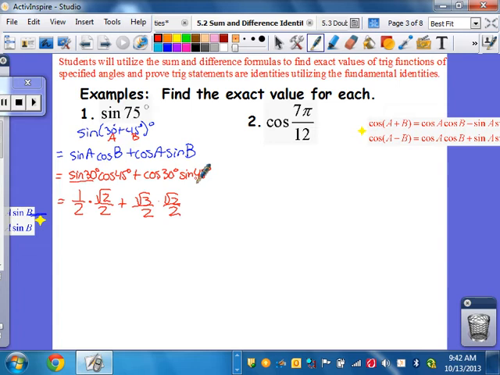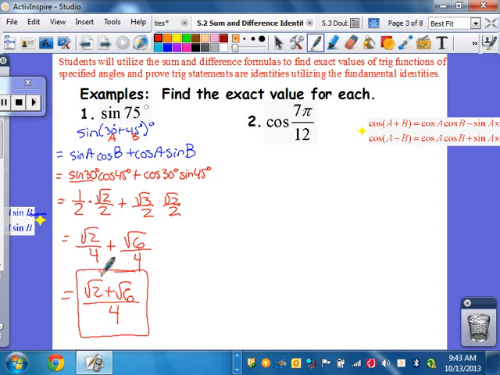Now you multiply this stuff together. I now have root 2 over 4 plus root 6, because root 3 times root 2 is root 6, over 4. Common denominator, so I can add these two together, all over 4. Cannot simplify any more than that. I'm all done. That's as simple as it needs to be.